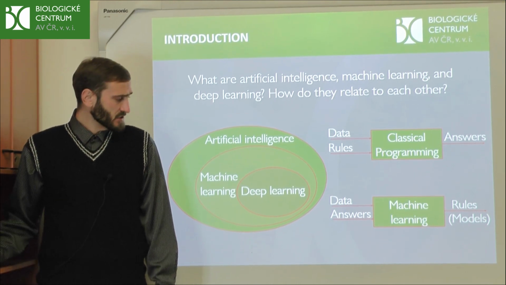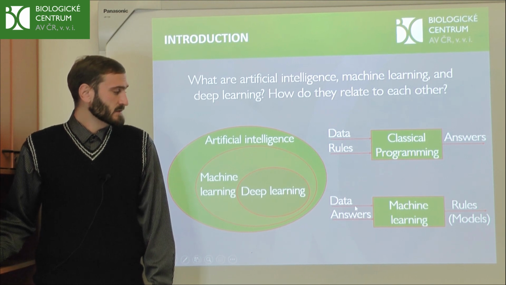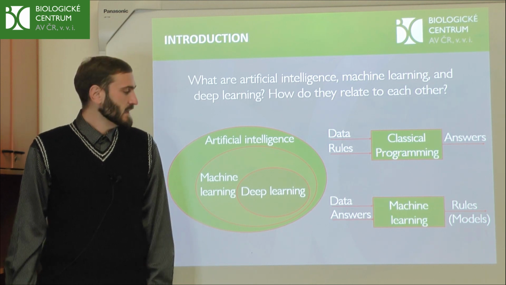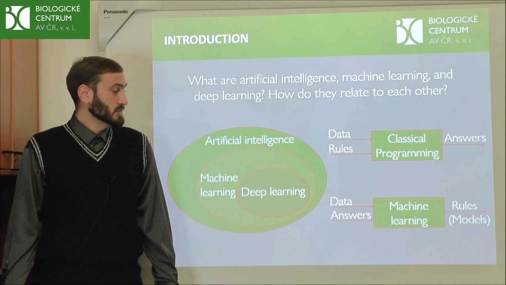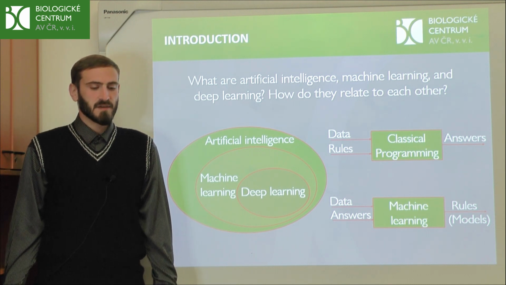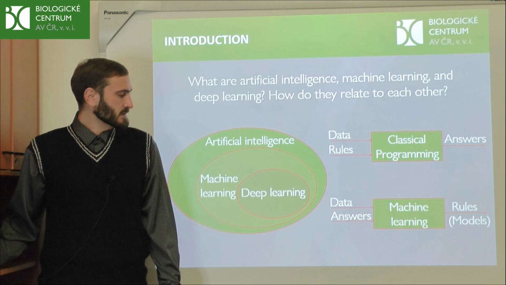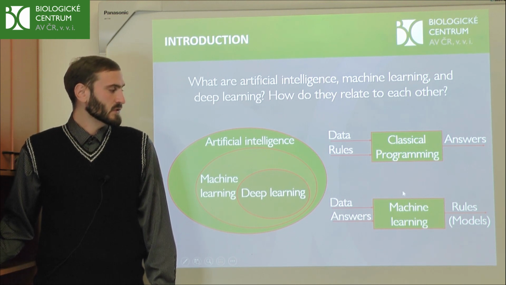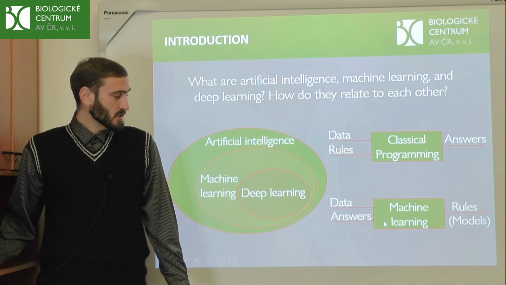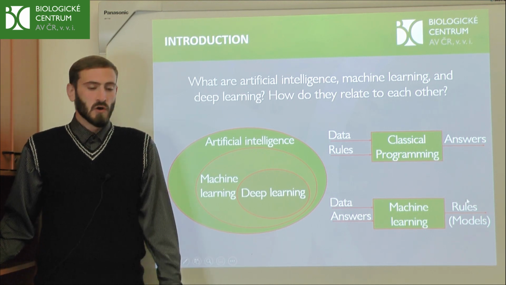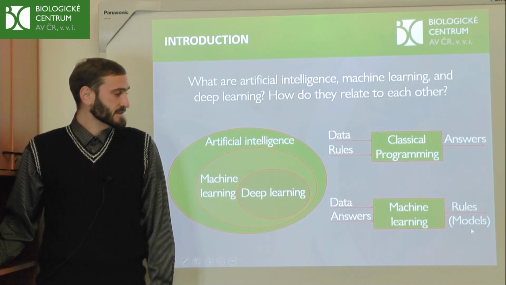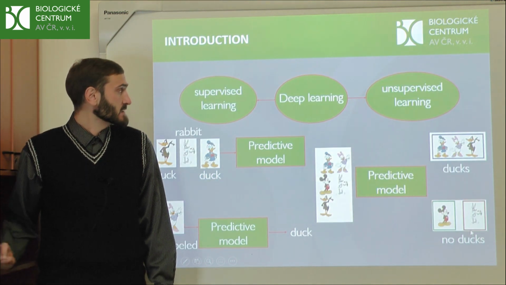But in machine learning we do it the opposite way. We are trying to give the machine the ability to think and make decisions, and we do it by putting our data and the answers in as input to our program, and the outcome is rules or models which can perform this task for us.